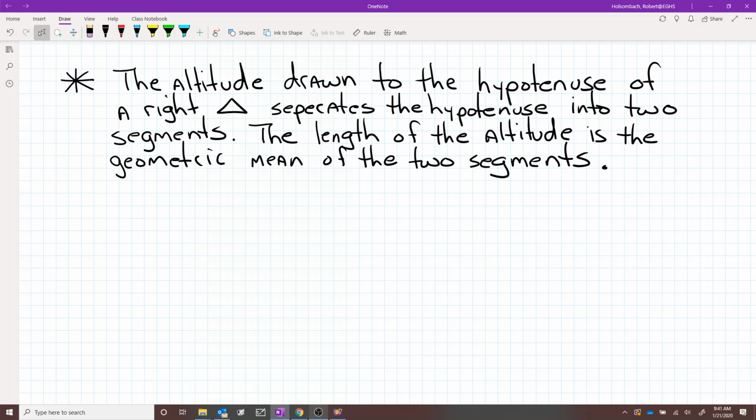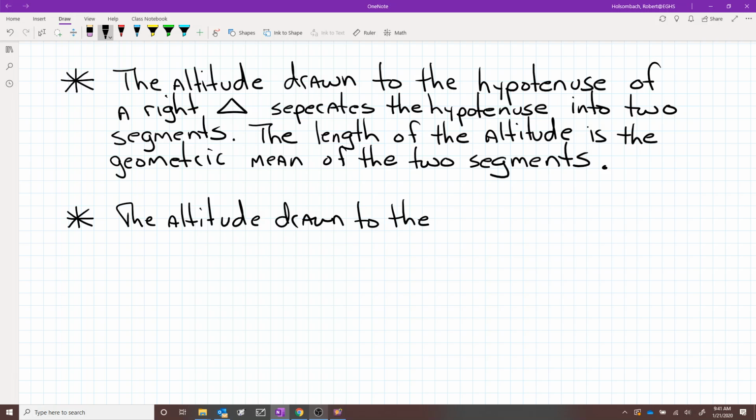Alright, and then let's get this rule written down as well, right below it. The altitude drawn to the hypotenuse of a right triangle separates the hypotenuse into two segments.